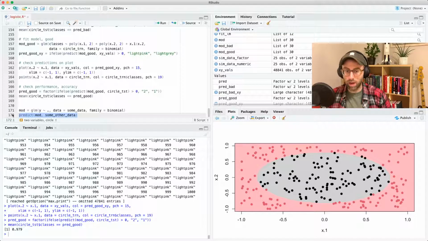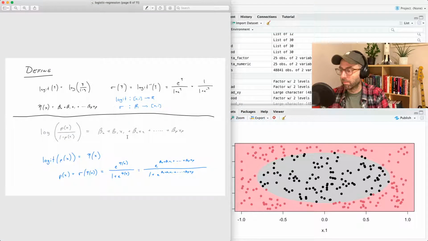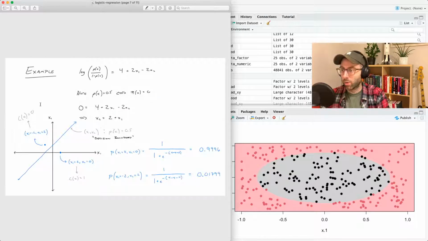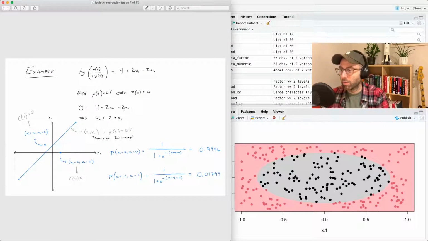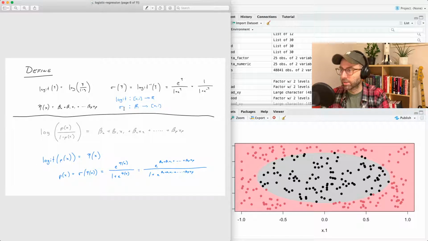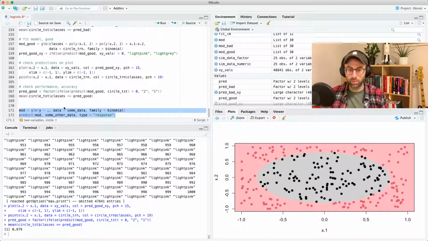So this will output the estimate of eta here, whereas if we instead do comma type equals response, that will output an estimate of, where is it? Aha, here. The probability that y is 1 when x is x. So kind of a lot just to say that, but this is the main takeaway here.